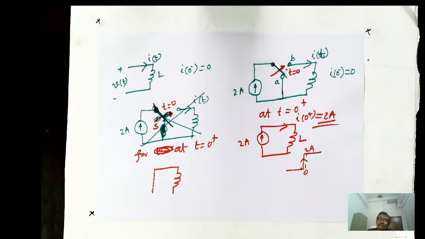If in a circuit there is L, you must always see that current is not allowed to have a steep rise or fall. Similarly, a current falling from 2 ampere to 0 suddenly should not be allowed, otherwise impulse voltage will come.